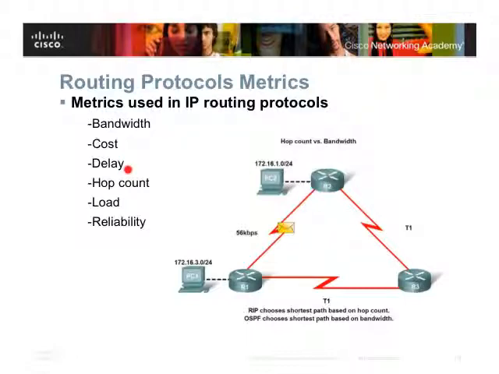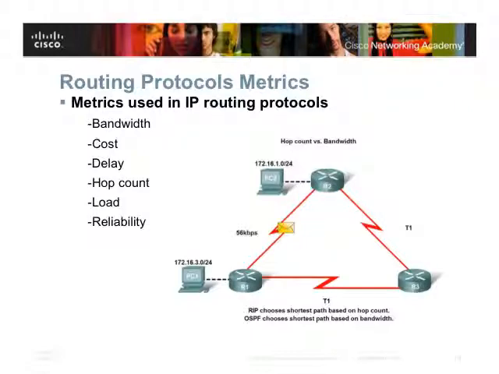This metric could be the delay. The delay is the time taken to send a packet across this link, which is dependent on the bandwidth. Could be the number of hops, could be the load, depending on whether this street is crowded or this street is empty. Could be based on reliability.